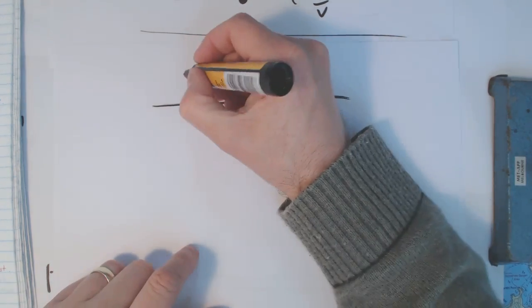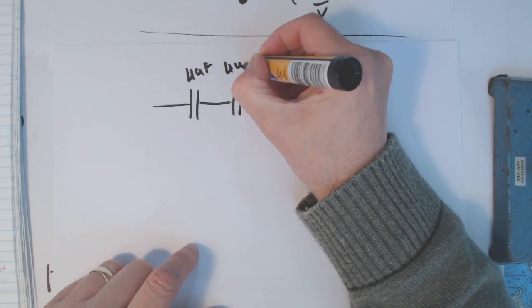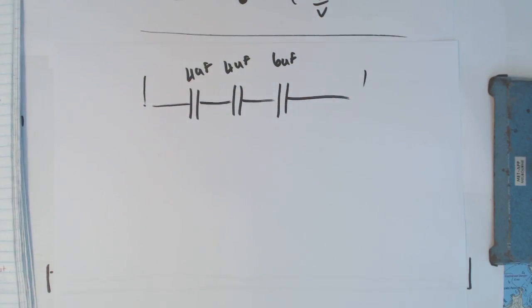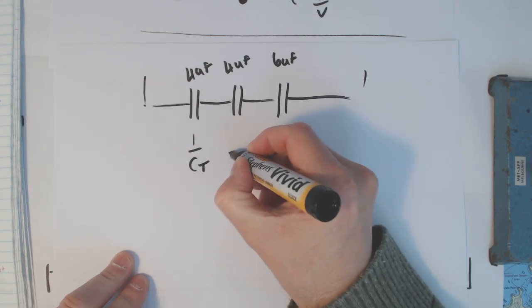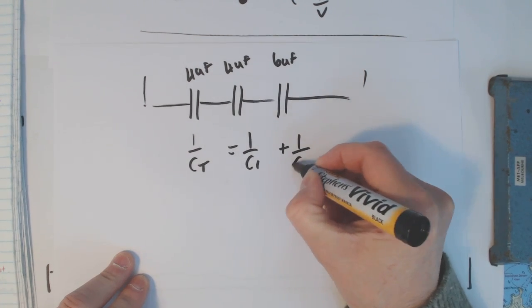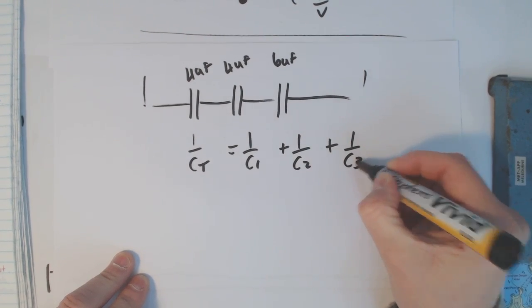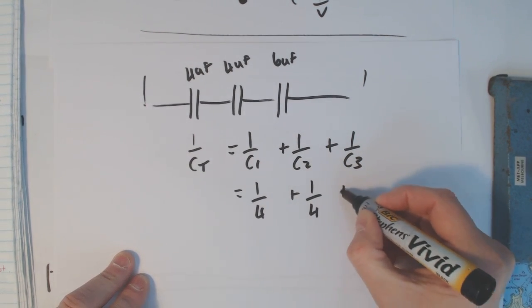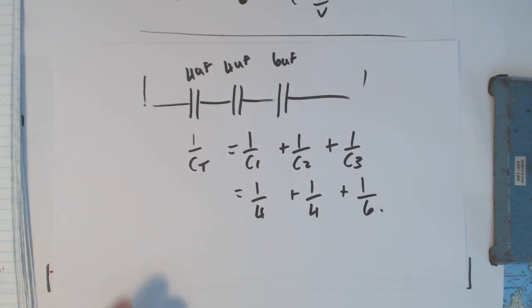So with that one, we've got the 4, 4, and 6 microfarads, and we've got a certain voltage. We here use the formula just like with the resistors. So that's 1 over 4 microfarads plus 1 over 4 microfarads plus 1 over 6 microfarads.